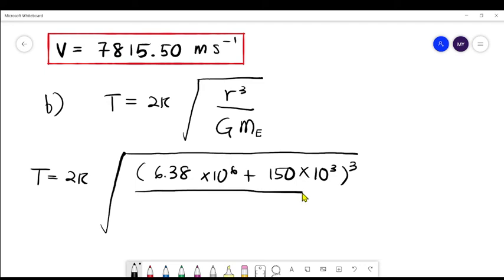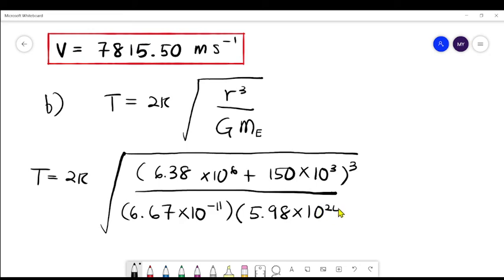Over the gravitational constant 6.67 times 10 to the power of negative 11 times mass of the Earth is 5.98 times 10 to the power of 24 kilogram.